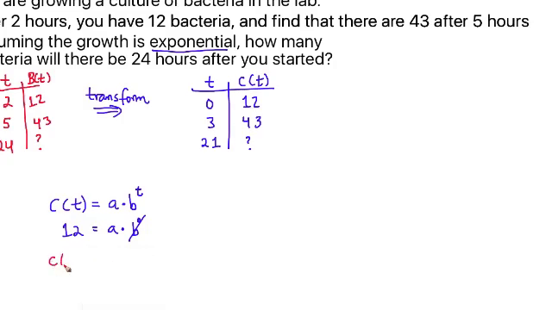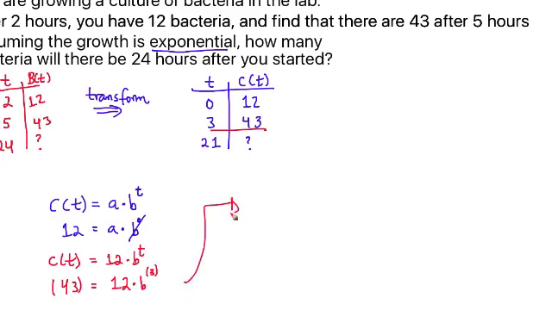So we can update our function and say that C of t is equal to 12 times b to the t, and then we can use this data point and say that when t is equal to 3, C of t is equal to 43. So we're substituting in 43 for C of t and 3 for t, and then we can work out the details here.